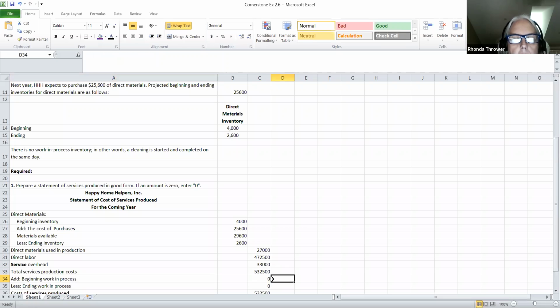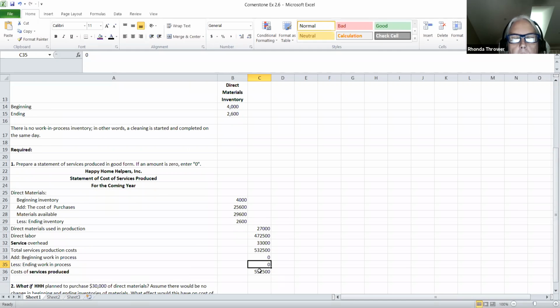There was none of that. In this period, they completed all of their services, so there was no ending work in process. So if there's no beginning or ending work in services, then the total service production cost will be equal to the cost of the services produced.